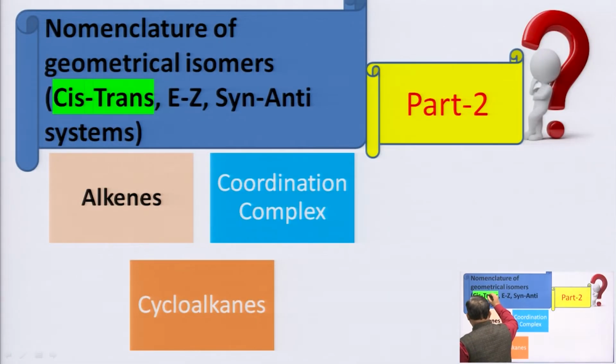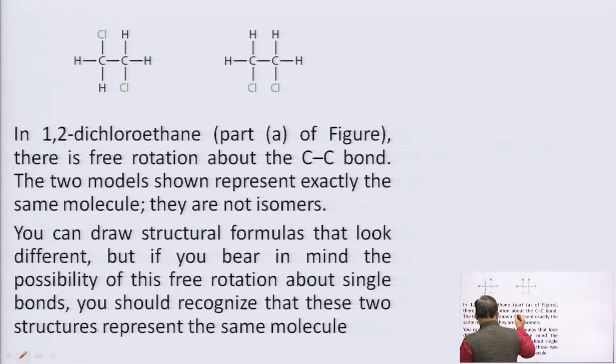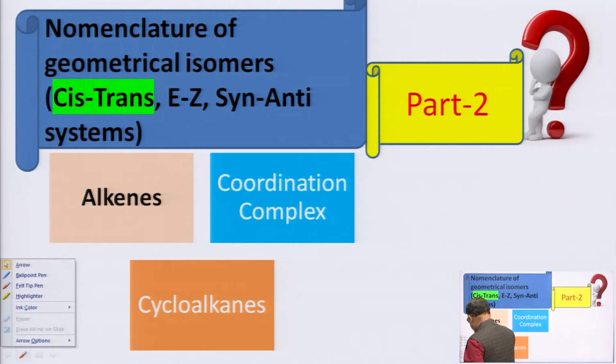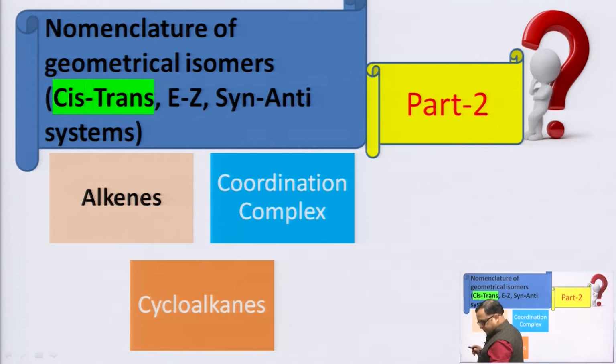So, now we have to recap the part we discussed in our previous lecture. In our previous lecture, we have seen that the compounds alkenes show this type of geometrical isomerism, and alkenes are the example of compounds that exhibit geometrical isomerism.